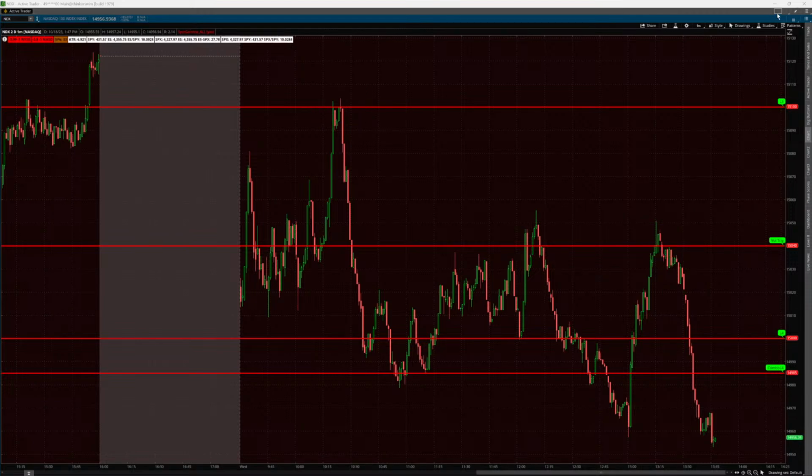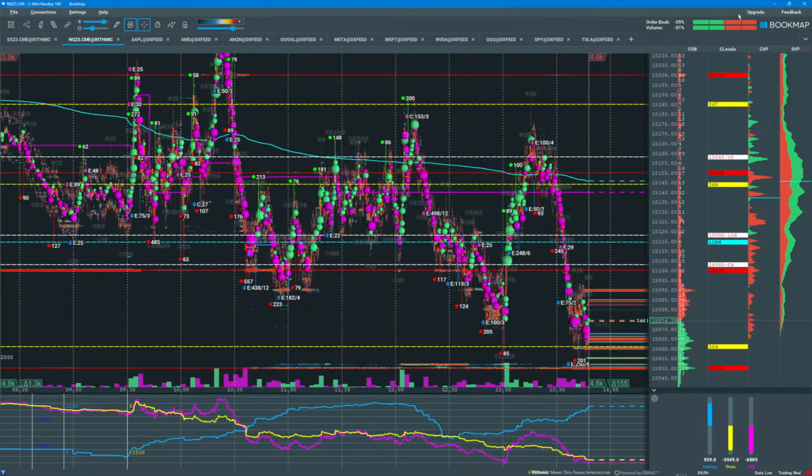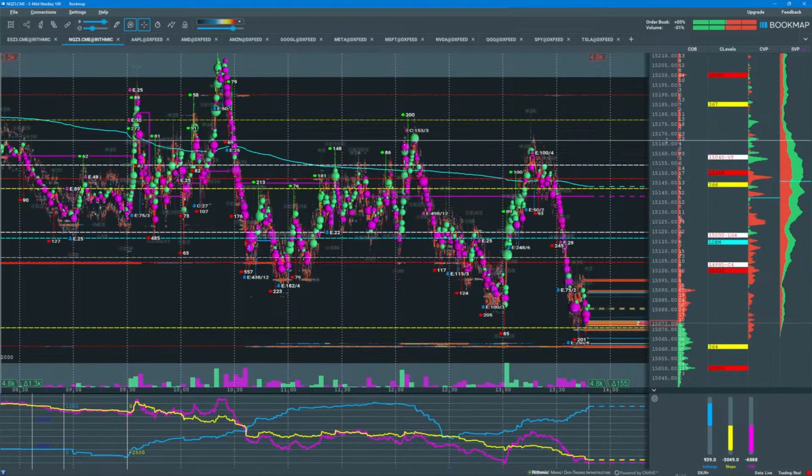All right, let's go back to Bookmap. So we've isolated the QQQ levels and NDX. For NDX, there were no shifts in levels today. And for QQQ, again, I mentioned the volatility trigger and absolute gamma strike both moved lower. All right, here's NASDAQ.